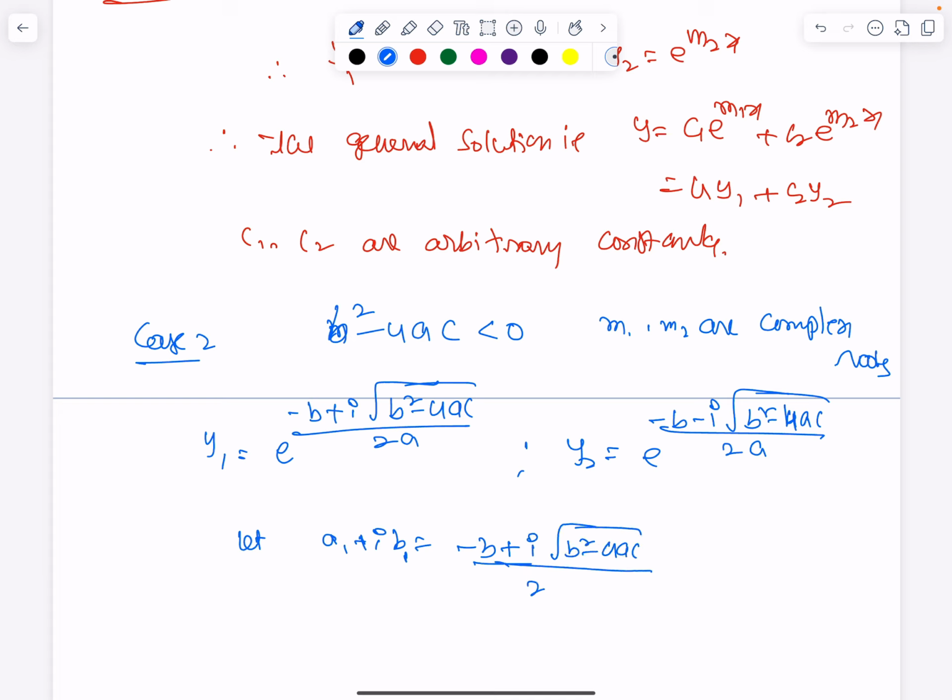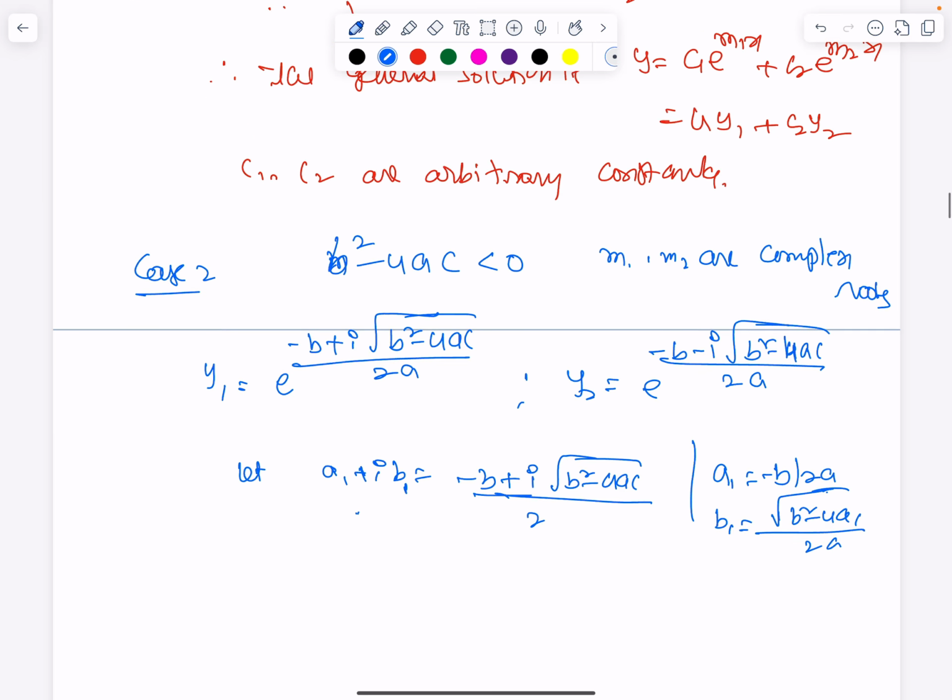I am assuming a1 plus i b1 is this, where a1 is equal to minus b divided by 2a, and b1 is equal to square root of b square minus 4ac divided by 2a. These are the two parts I have assumed as a1 and b1. Therefore your m1 is equal to a1 plus i b1, your m2 is equal to a1 minus i b1.